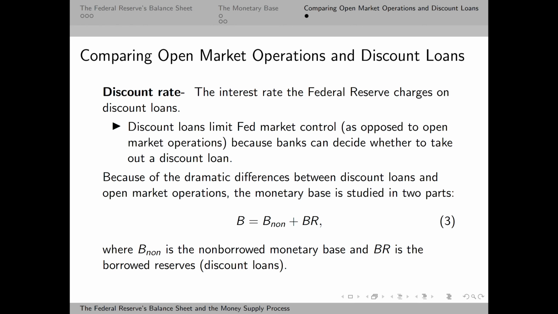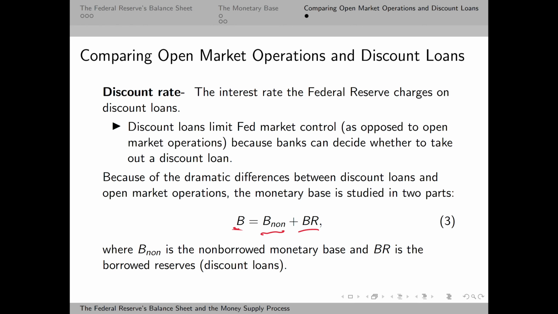And since there's a big difference between discount loans and open market operations, the monetary base is studied in two parts, where B, which is going to be important because we're going to refer to the monetary base as B throughout the rest of these slides, is equal to the non-borrowed monetary base plus the borrowed reserves.